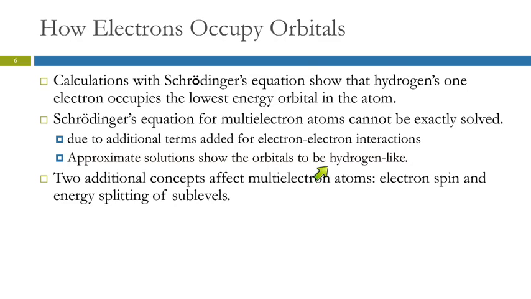And so that's what we're going on. The reason it gets complicated is you've got interactions between electrons within the same atom, and that makes the math even more complicated. So we need to talk about 2 additional concepts that are going to affect all the other atoms besides hydrogen. And these are electron spin and energy splitting of those sublevels.